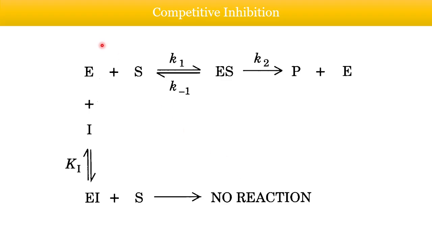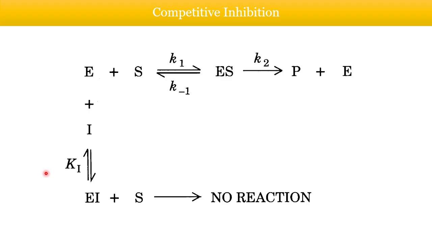So you see, you have an enzyme, you have a substrate, it goes into the enzyme substrate complex, and you have the product plus the enzyme. The other reaction is also switched on, where you have the enzyme plus the inhibitor, and then you have the enzyme inhibitor complex, but the substrate does not bind to that particular complex because there is a competition, and the inhibitor has higher affinity for the enzyme than your substrate.